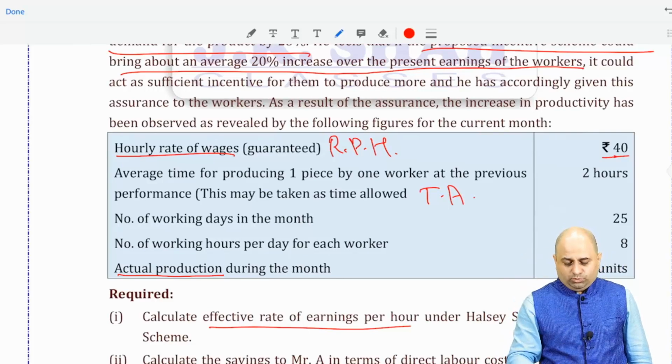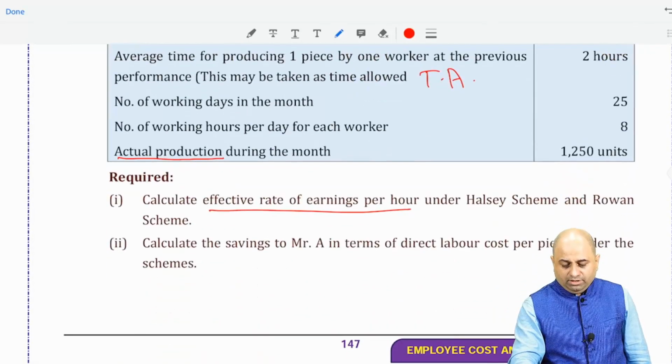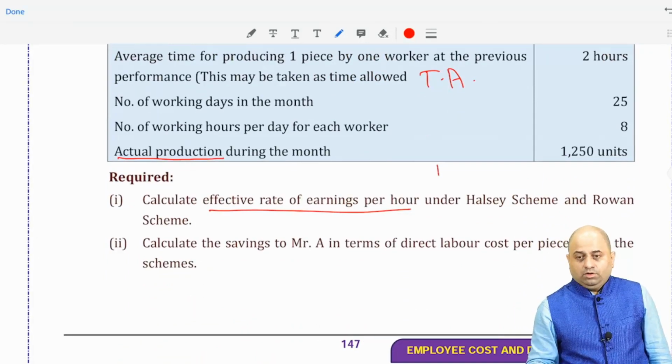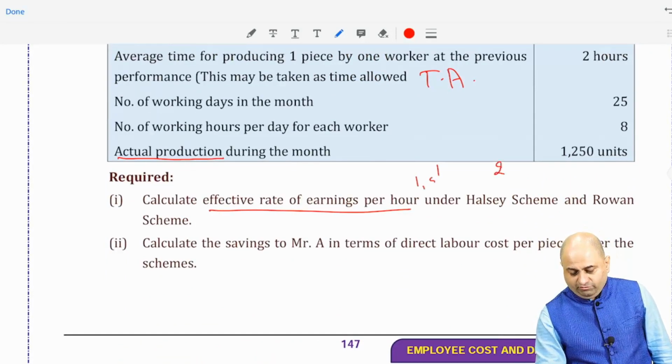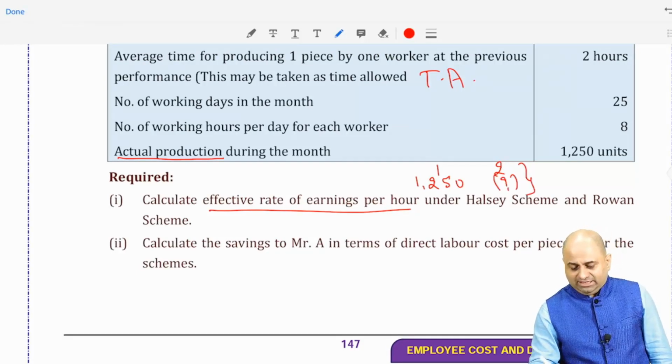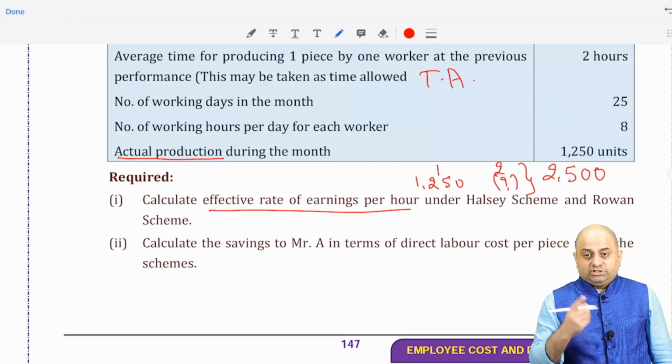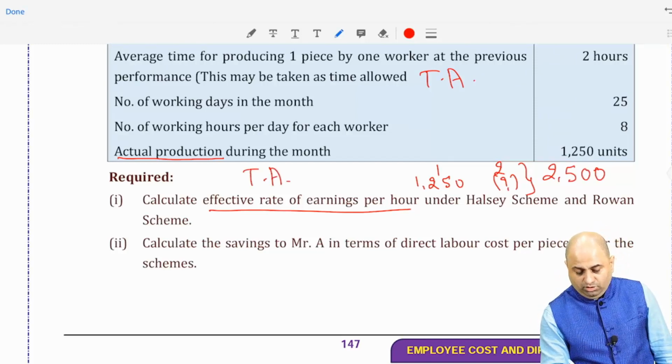So simple cross multiplication is what was needed, that if 1 unit will require 2 hours, then 1250 units should have been produced in how many hours? That comes to 2500, which becomes time allowed for actual production.